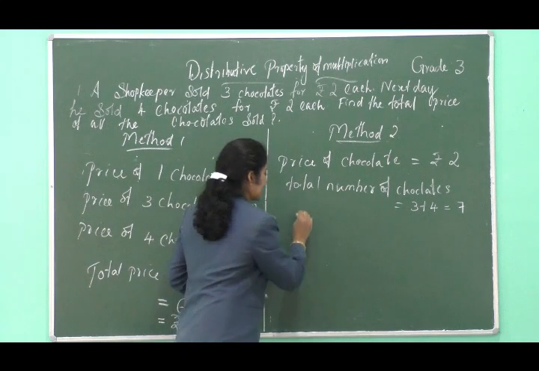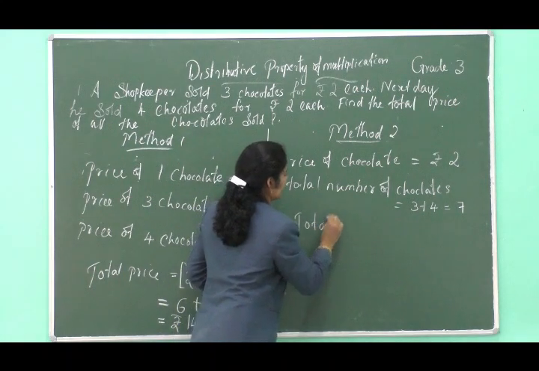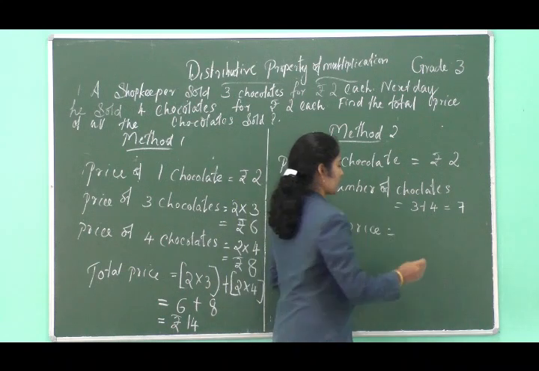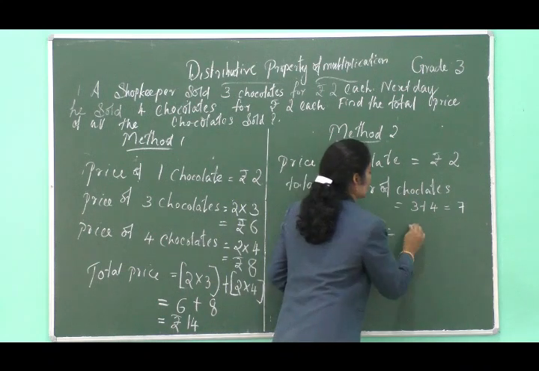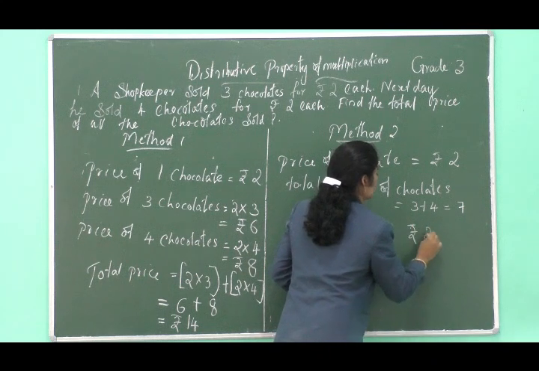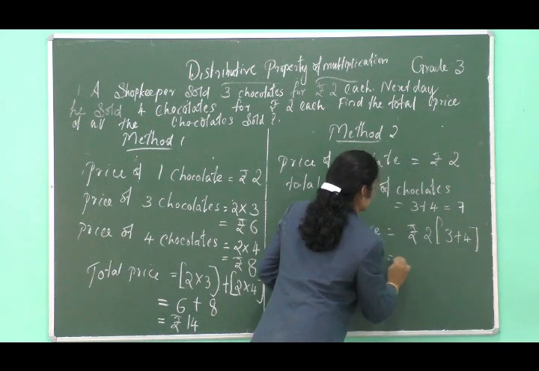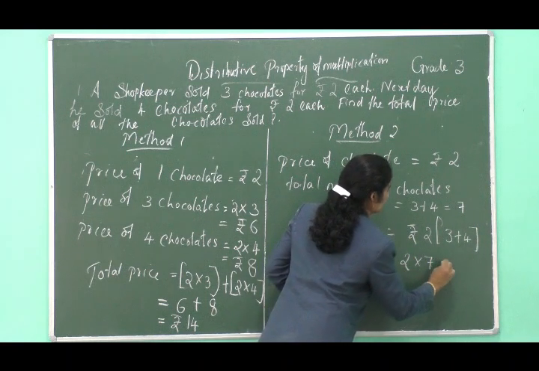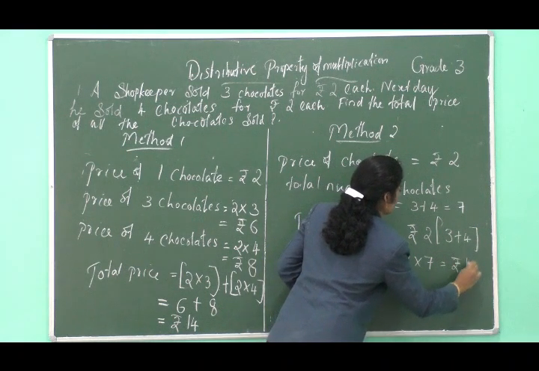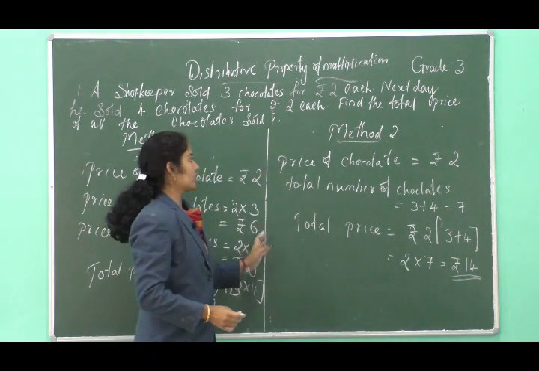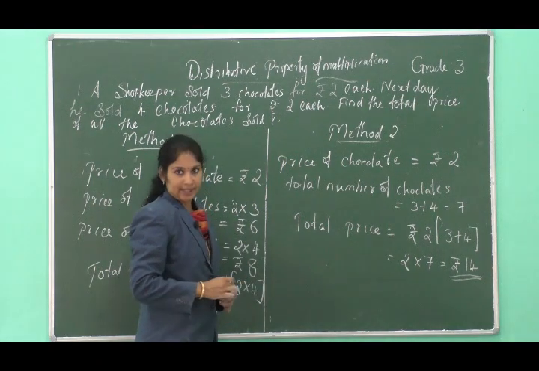So total price is equal to 1 chocolate price is 2 rupees. So 2 into 3 plus 4. So 2 into 7 is equal to 14 rupees. So method 1 and method 2 answers are same.